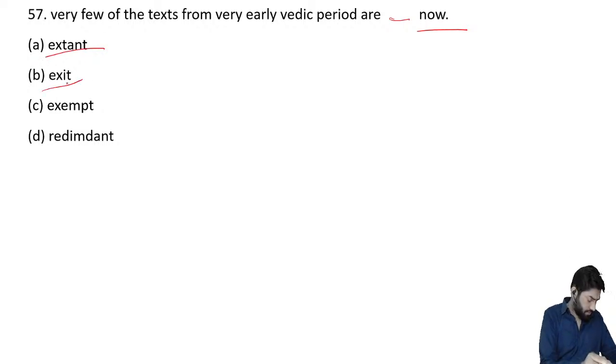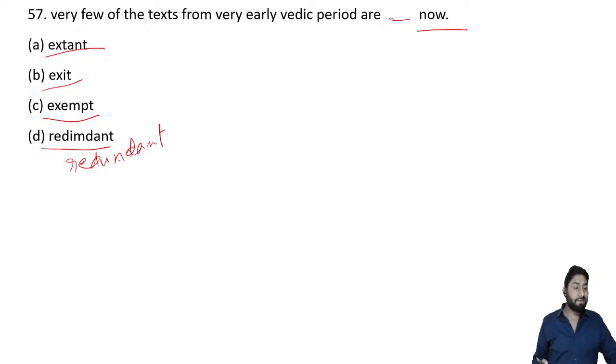It should not be exit, what should the options be? Exit, yes exit, exempt, these are the options. Fine. No, not redundant, it should be redundant here. See, this option is actually wrongly typed. Redundant. Anyway, so very few of the texts from very early Vedic period are extant now, exit now, exempt now, and redundant now.